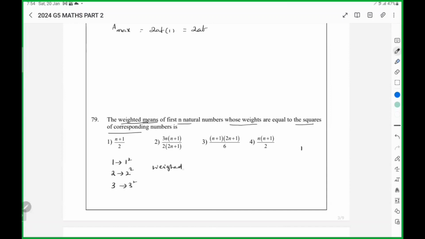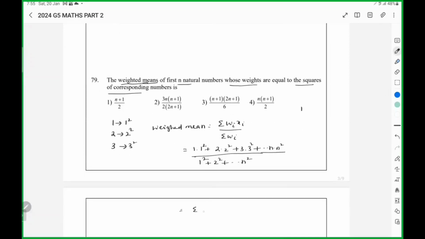So weighted mean is sigma WiXi by sigma Wi. So it's 1 into 1 square, 2 into weight 2 square, 3 into 3 square, n into n square, by 1 square plus 2 square, and so on up to n square.